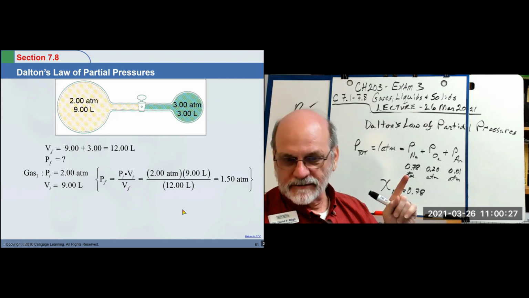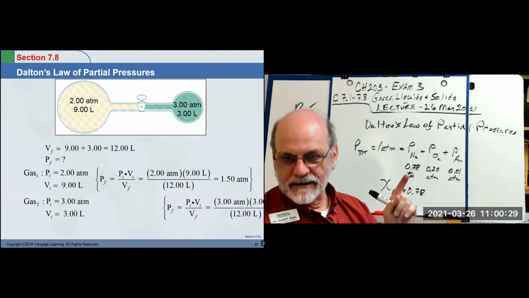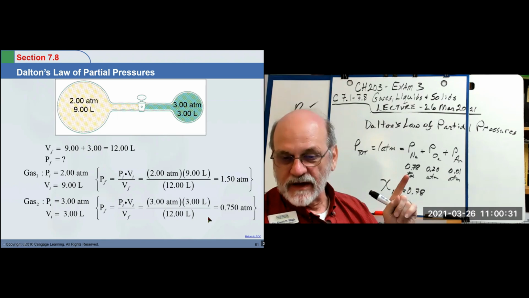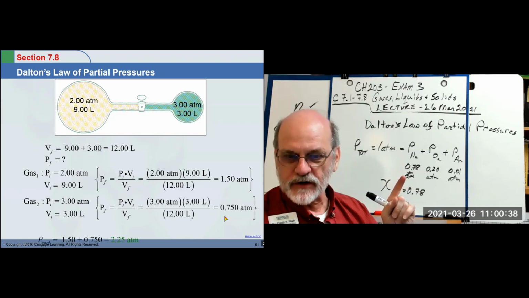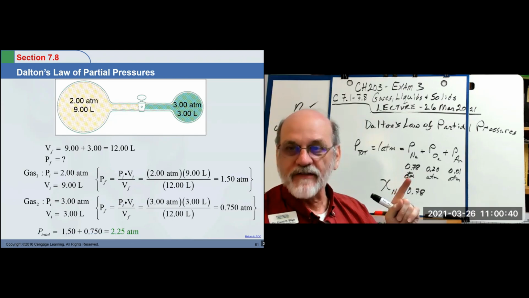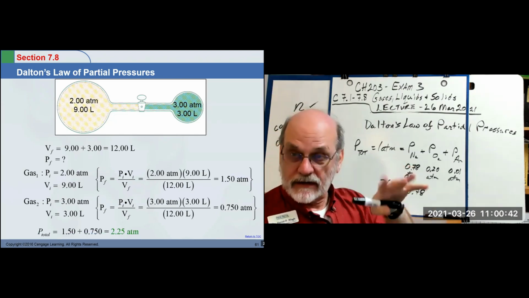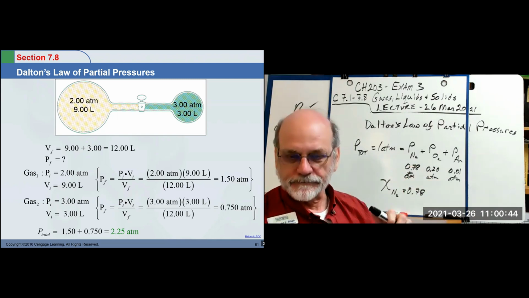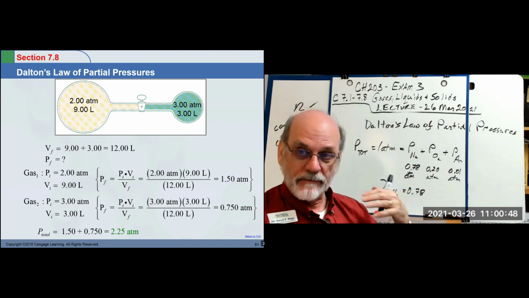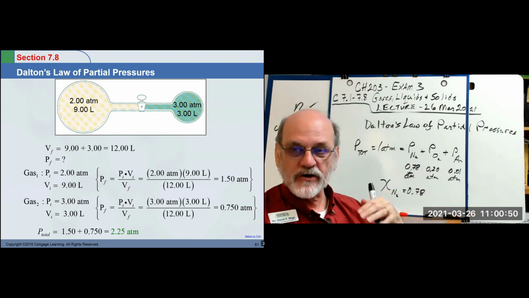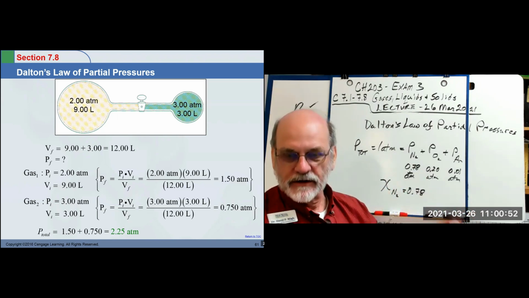The other one expands into that same volume and it contributes 0.75 atmospheres. The total pressure is the sum of those two, 2.25 atmospheres, and that is between 2 and 3. Okay, so we used Dalton's law of partial pressures and Boyle's law to solve this problem.